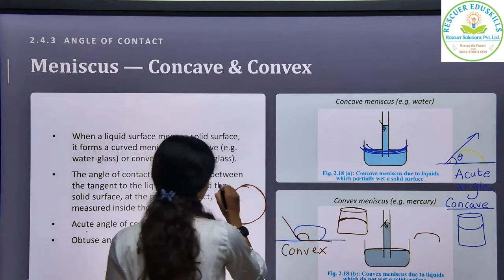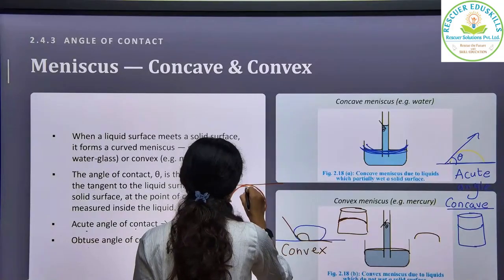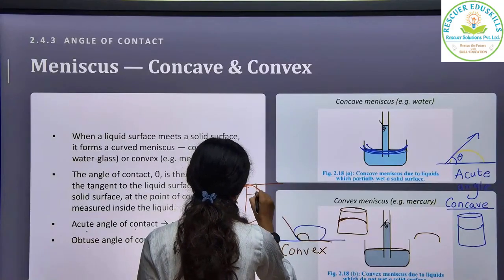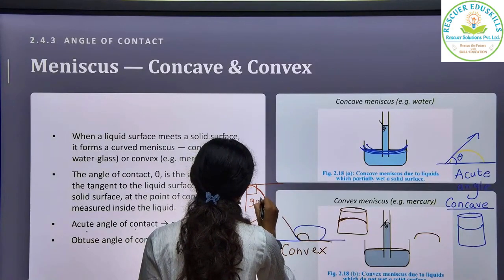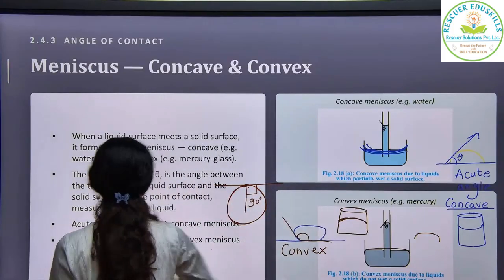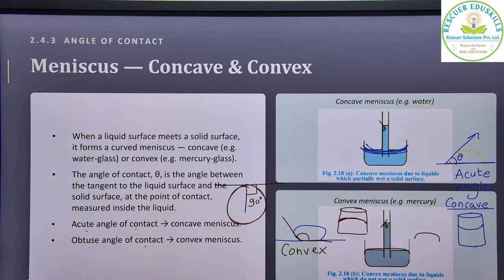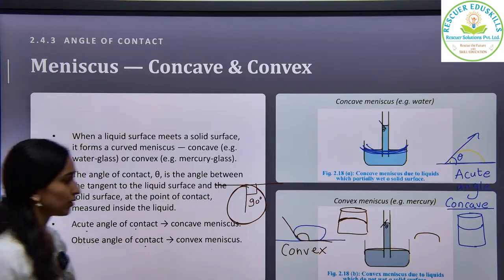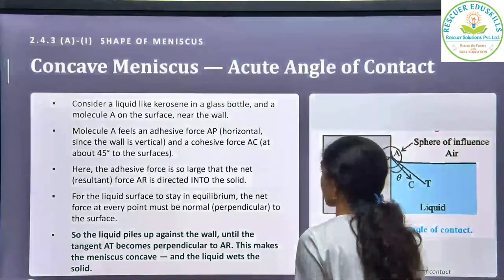If you are drawing a tangent to the sphere, the angle between the radius and the tangent will be 90 degrees. This is the property of a sphere, you should remember this. Now let's go to the next slide.